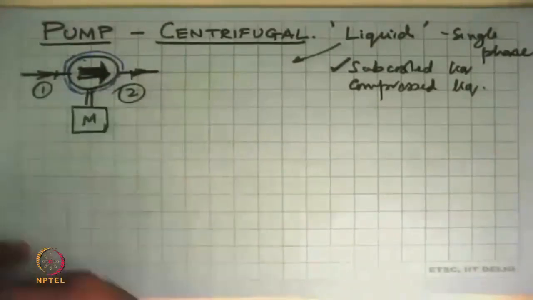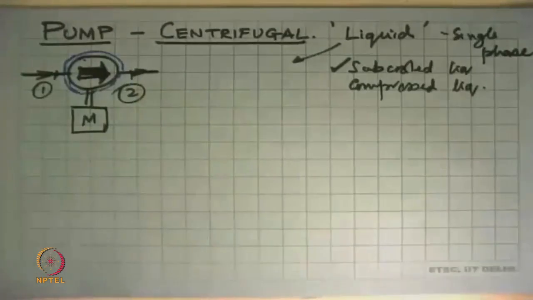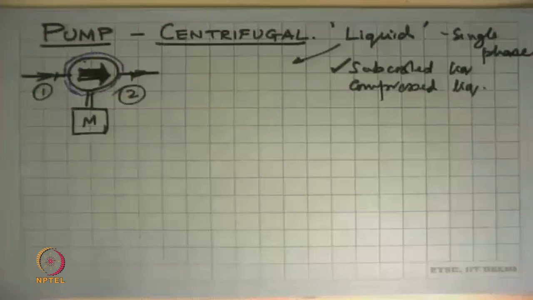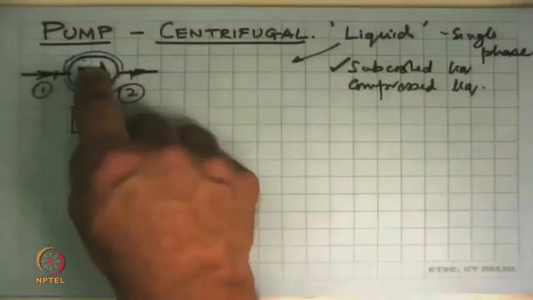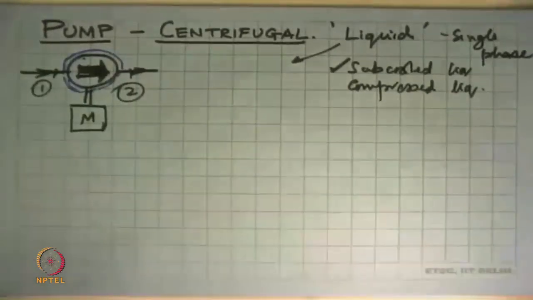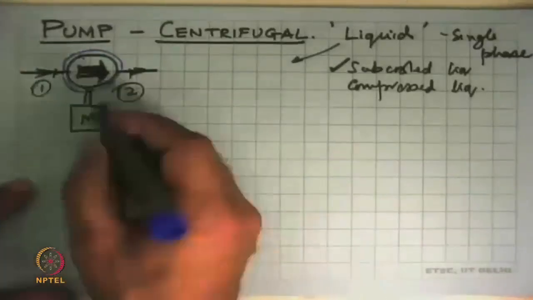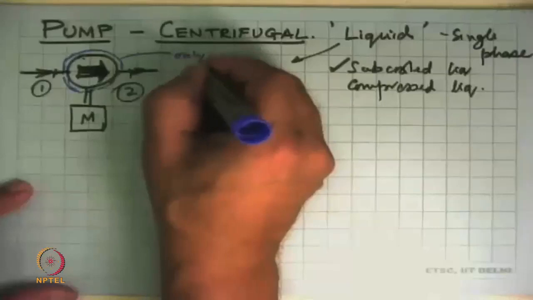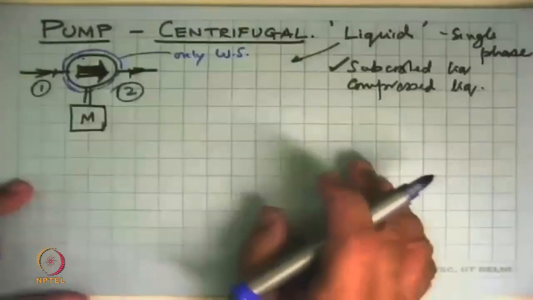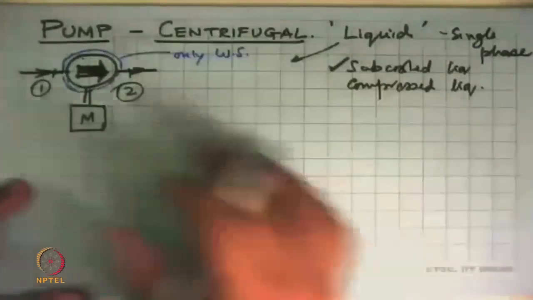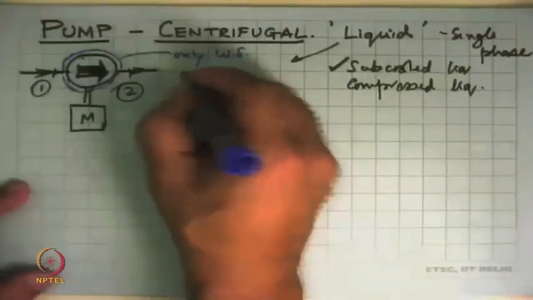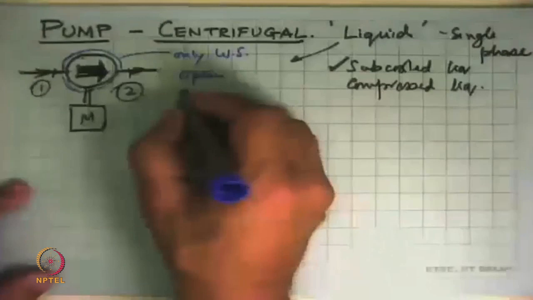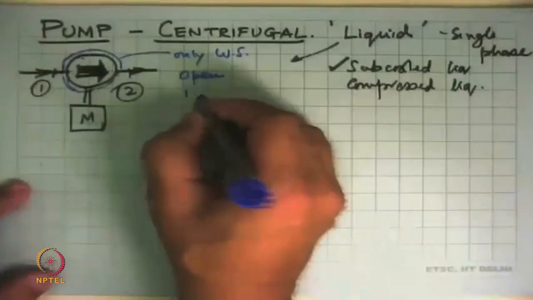This could be a motor or a diesel engine, like you see in agricultural applications. So there is work input to the pump. We have one inflow and one outflow, and our system is everything inside this, but that's only the working substance there. No metal, oil, anything else is considered. This system we know is an open system, so there is one inflow, one outflow.